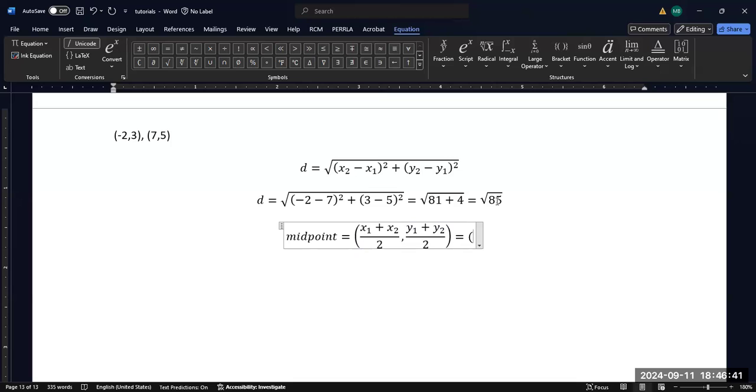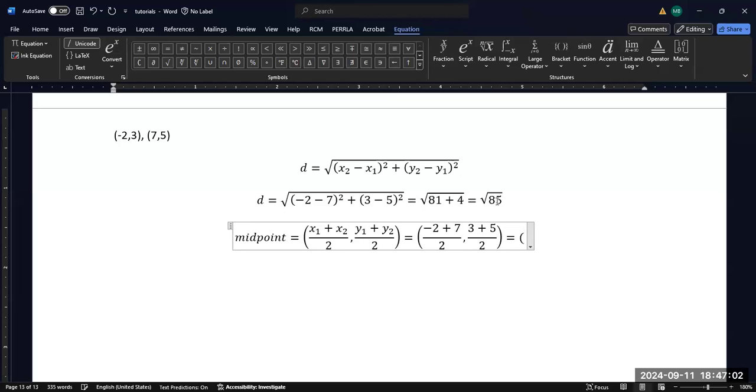So in this case, we're going to have (-2 plus 7) over 2, and we're going to have (3 plus 5) over 2, which is going to give me, in this case, 5 over 2, and 8 over 2 is 4.